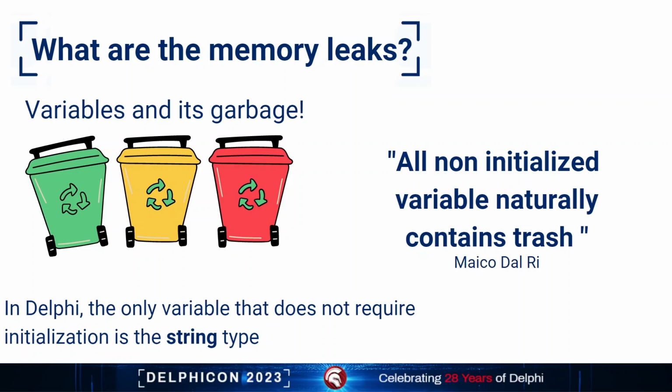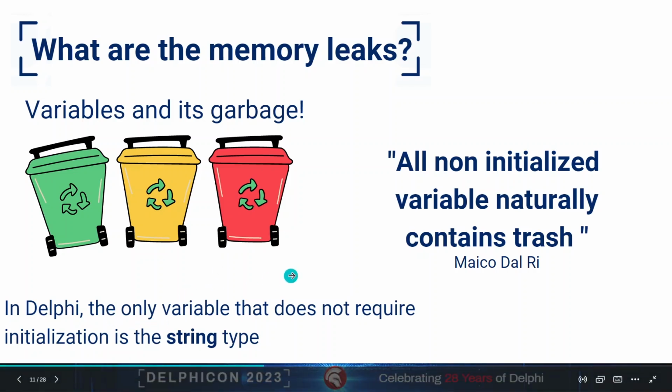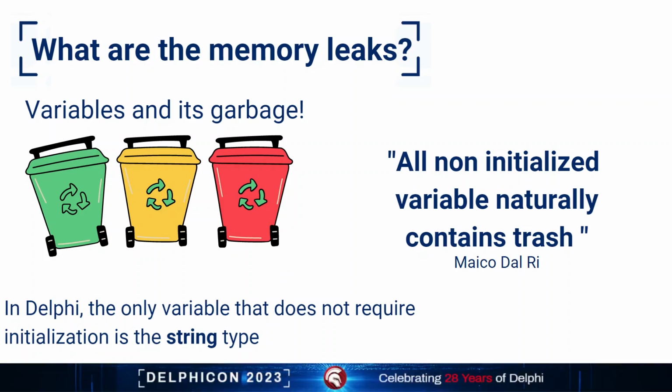I think that maybe this could be a much more complex theme for this session. I will only say that local variables may not be initialized, and we have to initialize them before we use them, right? Even if we are using that local variable for objects or object instances, right? And the only type that does not require initialization is the string type, right?